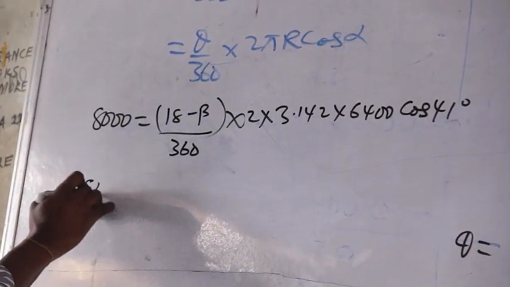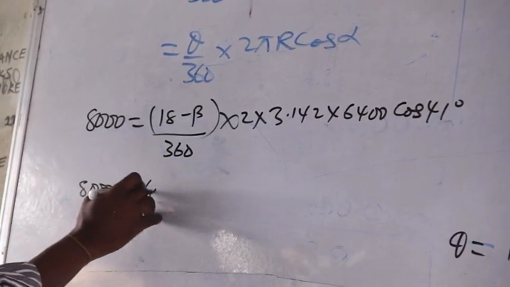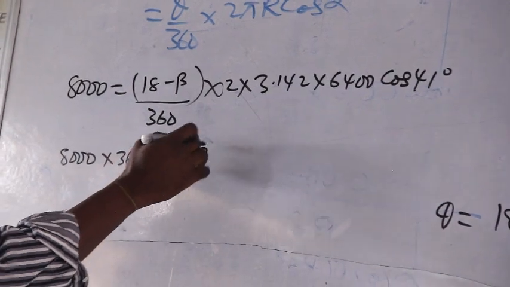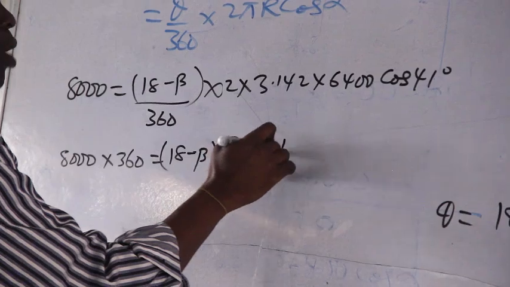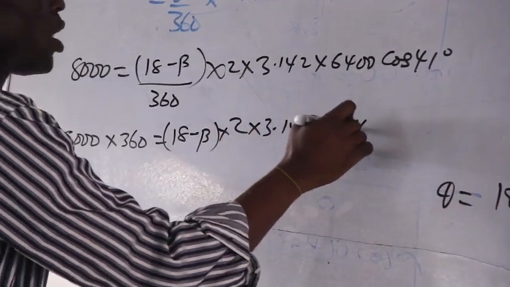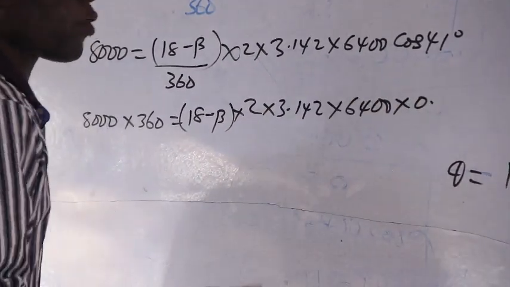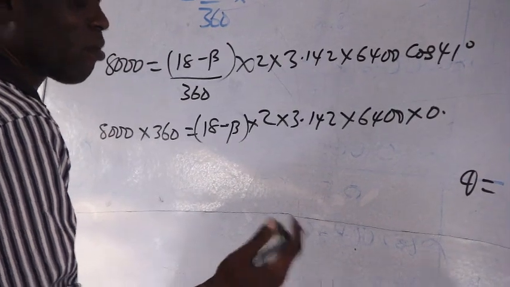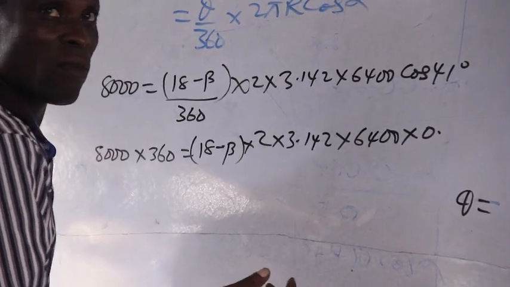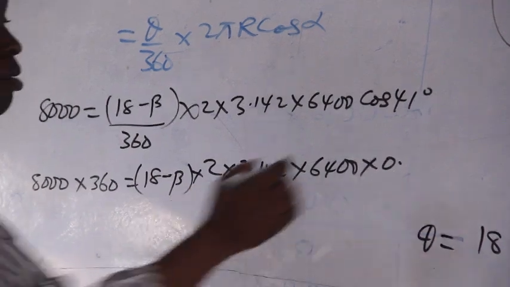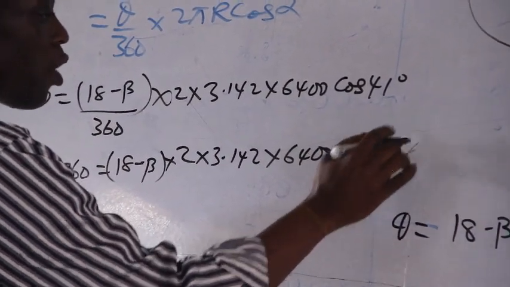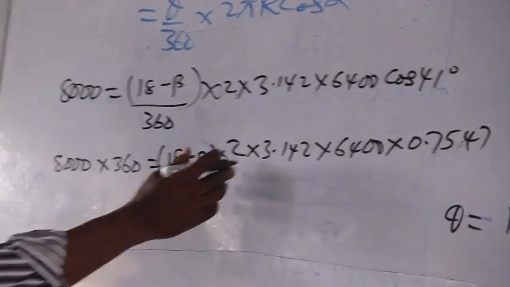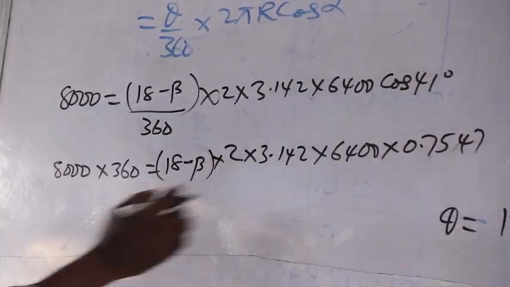Cross multiply. 8,000 times 360 is equals to 18 minus beta times 2 times 3.142 times 6,400 times cos 41. What is cos 41? 0.7547. Okay, multiplying 2 times 3.142 times 6,400 for me.